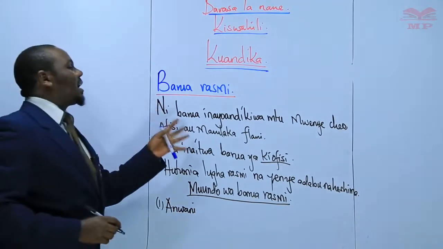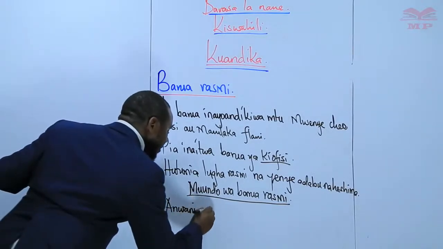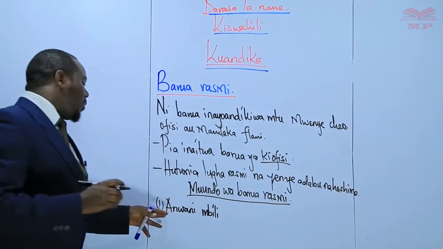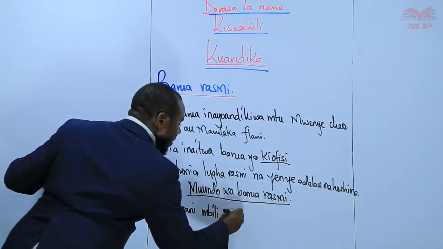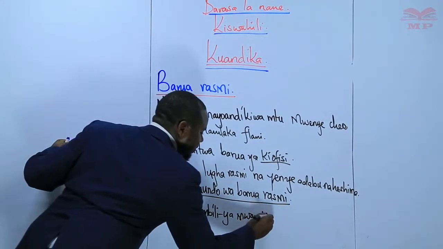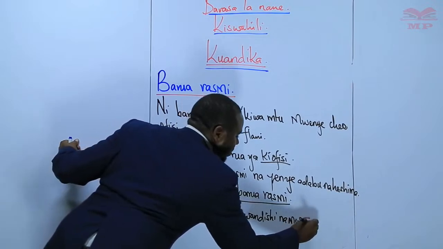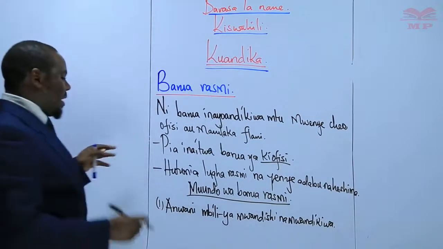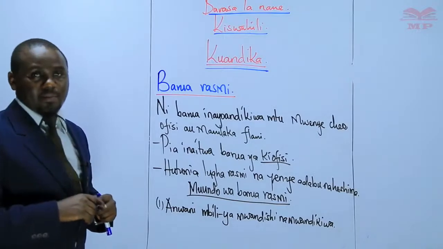Lakini anwani katika barua rasmi huwa ni mbili. Anwani mbili. Muundo au sura yake lazima kuwe na anwani mbili, ya mwandishi na mwandikiwa. Anwani ziwe mbili.